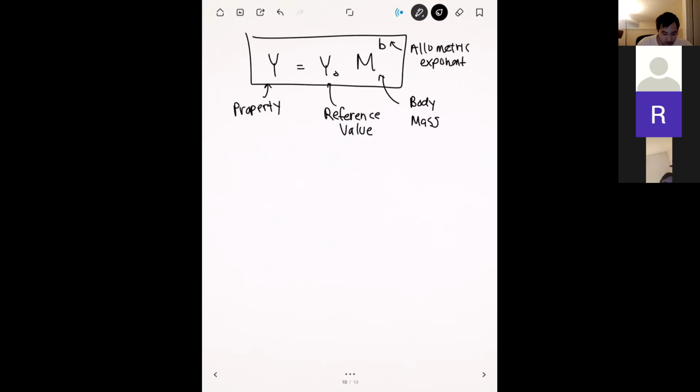And so with this relatively simple formula, we can compute how things differ between species. The only thing we need in this formula is the value of b. And b depends on the type of property that we're looking at.